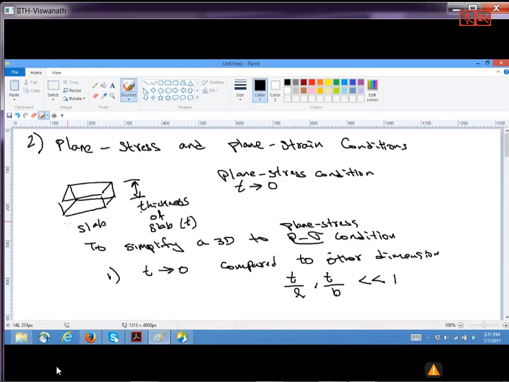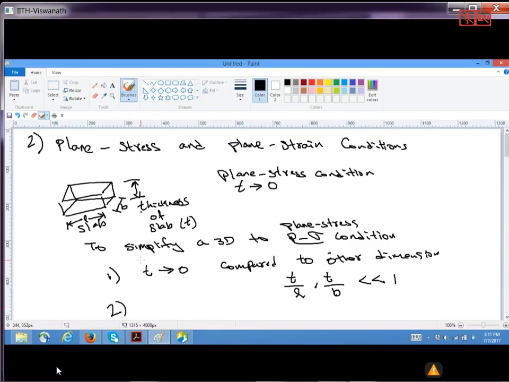This is your length direction and this is your width direction. The length and the width are much bigger than the thickness. This is the first condition.